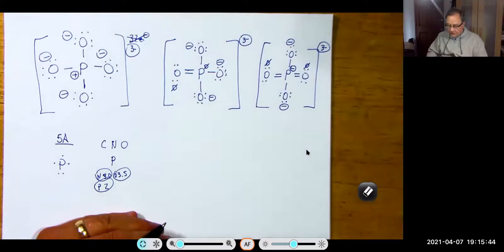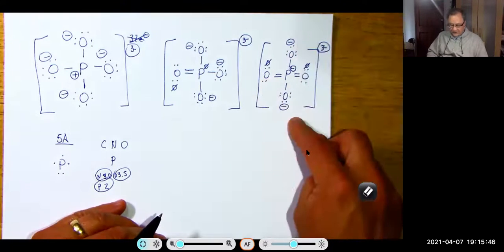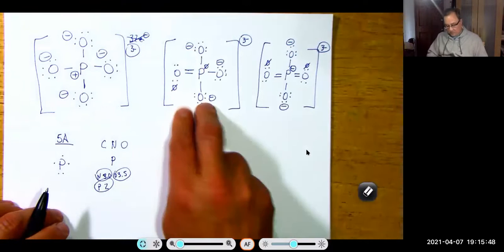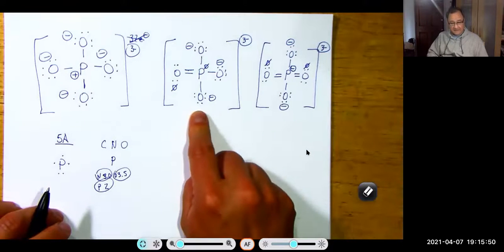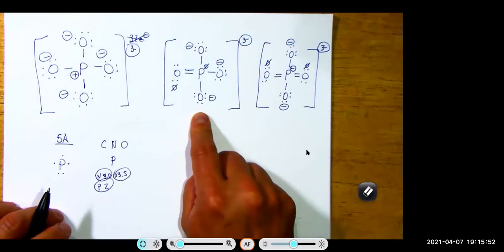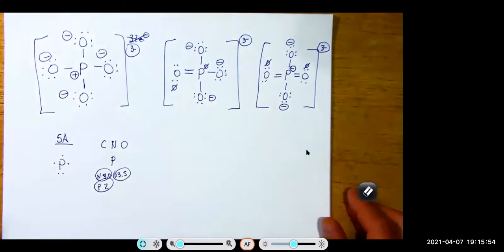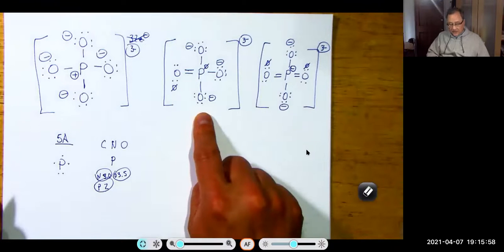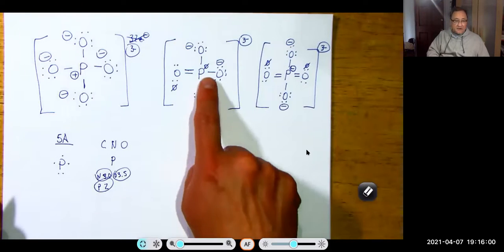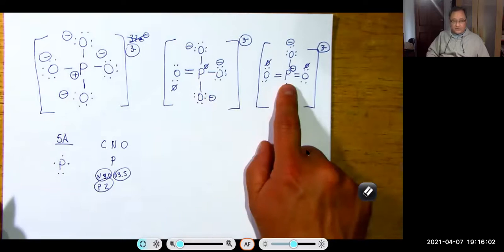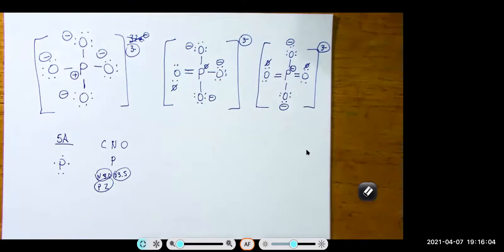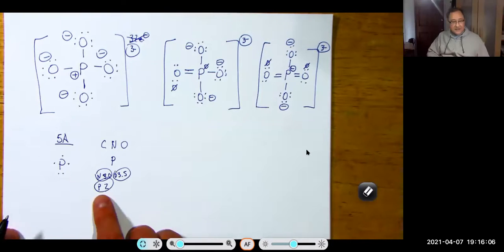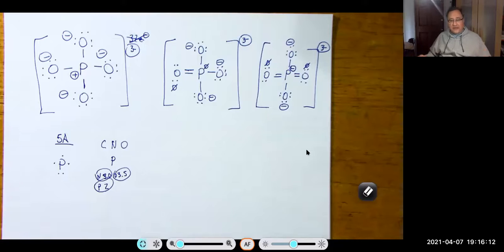We still have 2 zeros and 3 ones, like this second one here that I'm pointing at. Is one of these better than the other? And the answer is yes. This one's better because we don't have a negative on phosphorus, and here we do. We do not want a negative on phosphorus because it's not very electronegative. We want our negatives on oxygen, the more electronegative atoms.